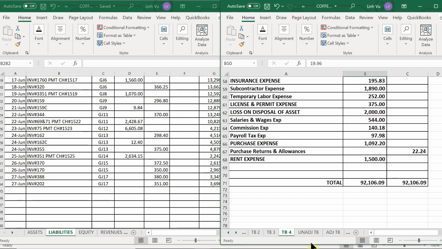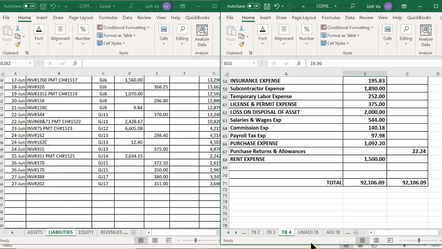I want you to start with the unadjusted trial balance, because then your adjusted trial balance will reflect the same. And when we reach the end of our accounting period and start doing our financial statements, it's going to be a lot easier to use main accounts instead of cluttering your financial statements with all of these individual sub accounts.